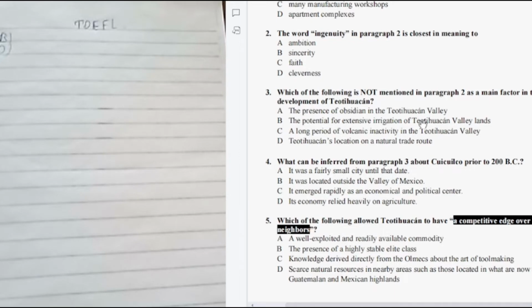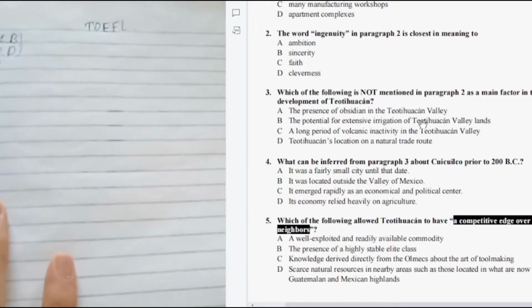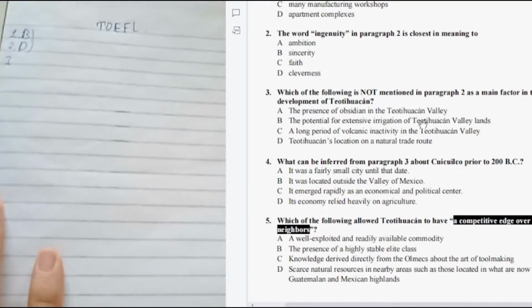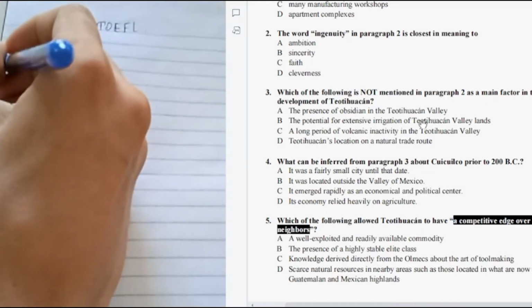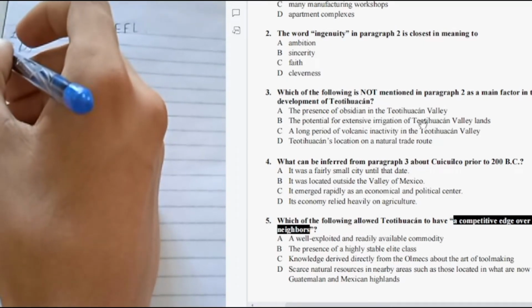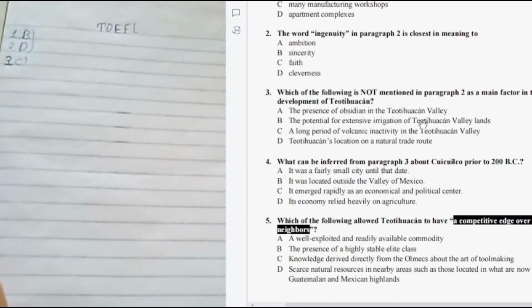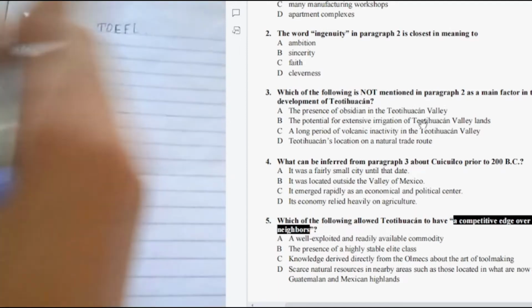And the correct answer is the third answer. Inactivity is not a main factor. It can be a factor, but it is not main.